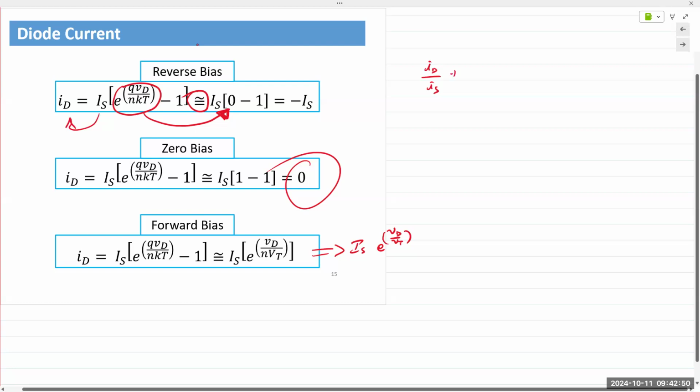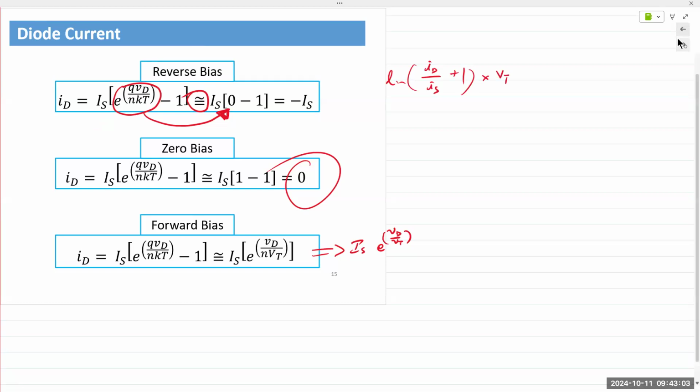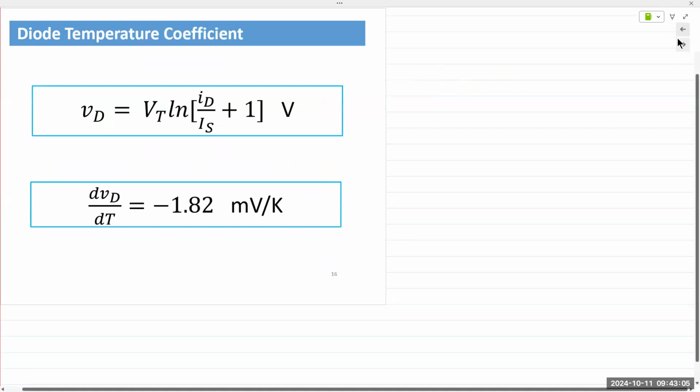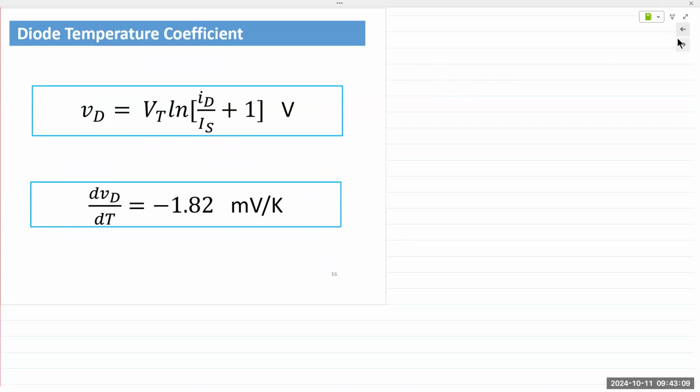Then you take 1 on the other side, so it becomes +1. And take the log. And then, of course, we have VT multiplied by it. So VD would be given by VT times log of ID over IS plus 1.